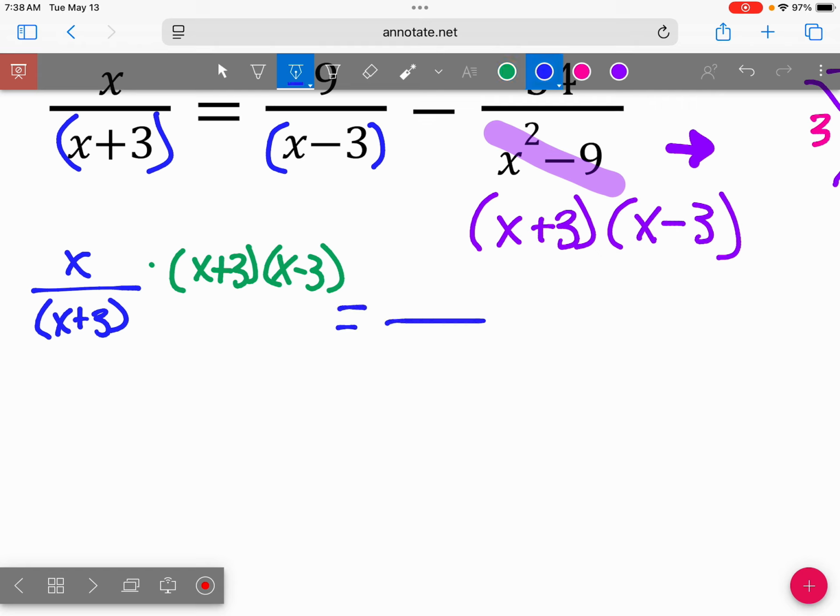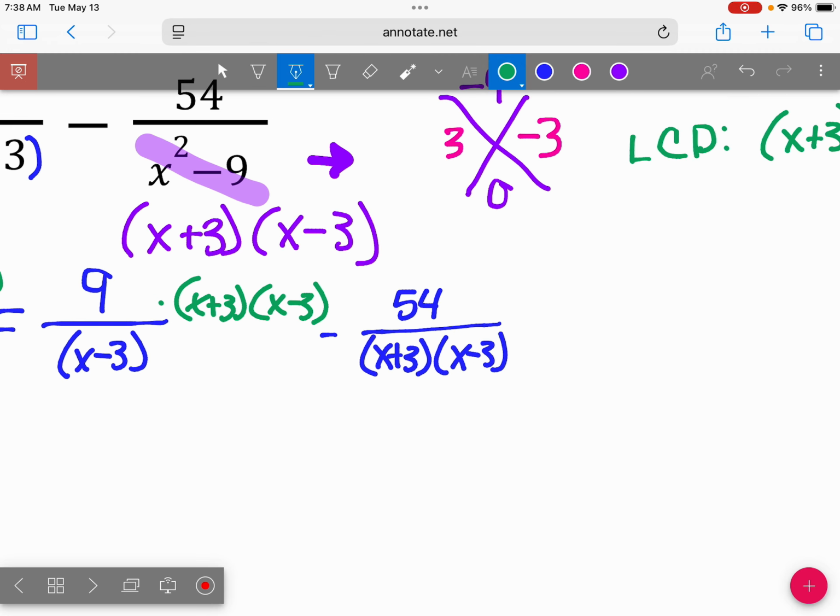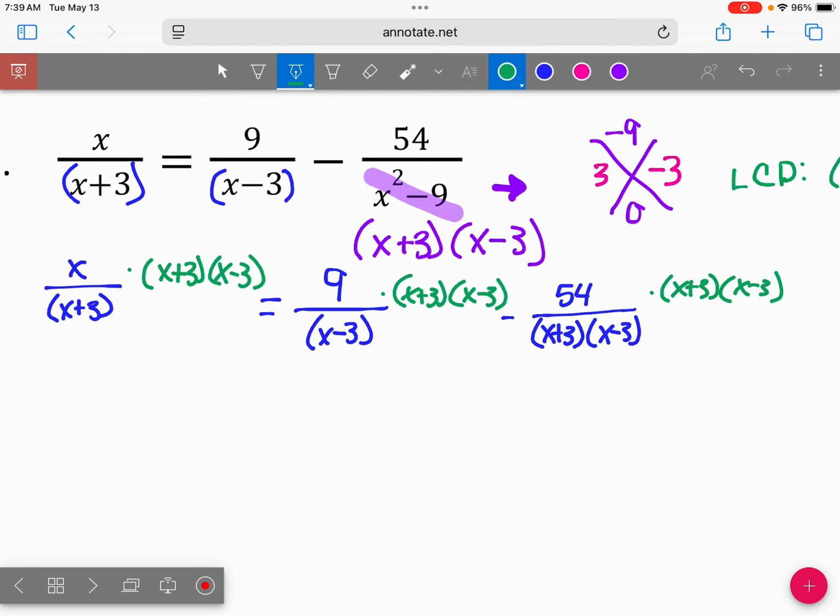And we have our 9 over x minus 3 that we're going to multiply by the x plus 3, x minus 3. And we have our minus 54 over x plus 3, x minus 3, times our least common denominator of x plus 3, x minus 3. So we multiply absolutely everybody by that common denominator.